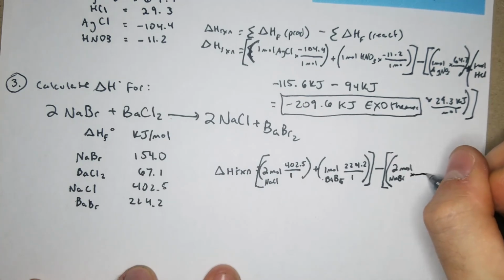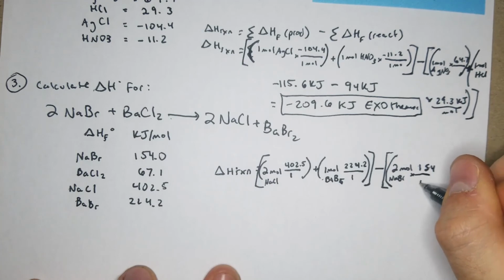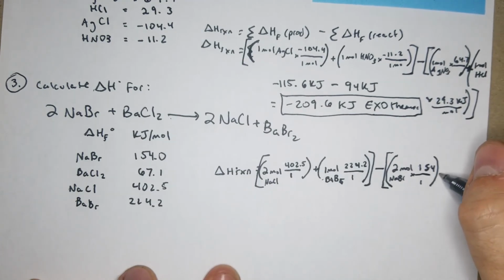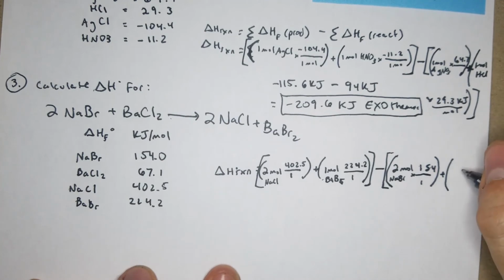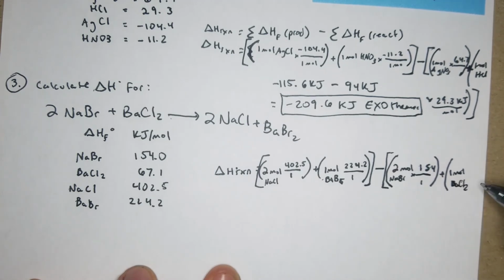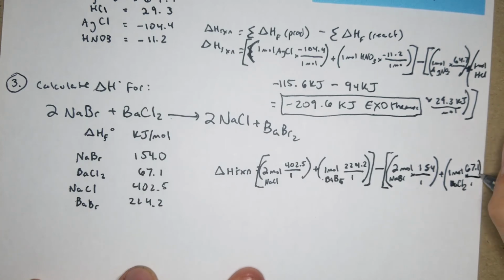And that's going to be times NaBr, which is 154. And then we have plus 1 mole of the BaCl2. And I apologize, it's starting to get really messy, but I'm sure by the third problem you're probably pretty confident on these. 67.1 over 1.